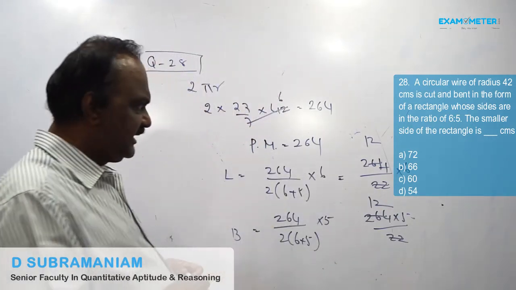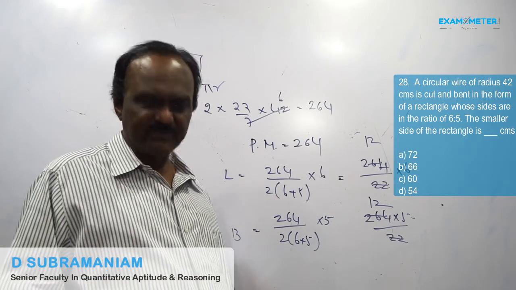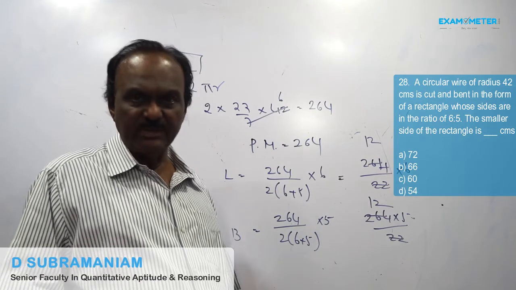So length is 72, breadth is 60. They are asking breadth, so answer will be 60. That is multiple choice C.